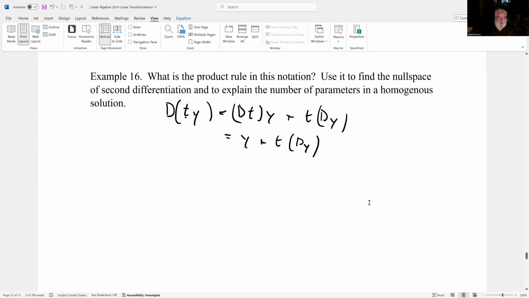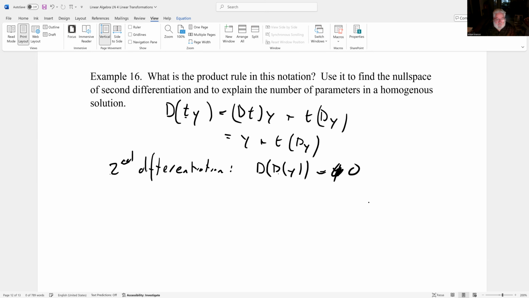So the null space of second differentiation means solving this equation: the derivative of the derivative of y equals 0. We'll often just write that as D squared y equals 0. So the second derivative of y equals 0.